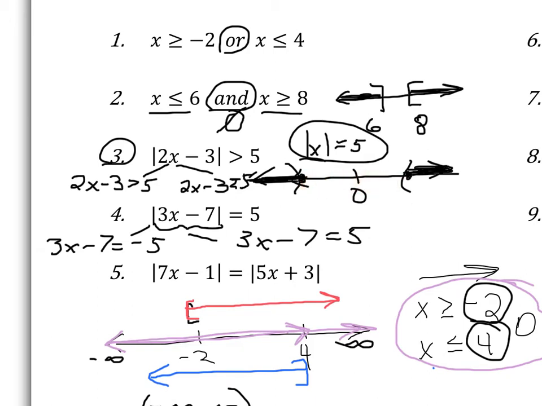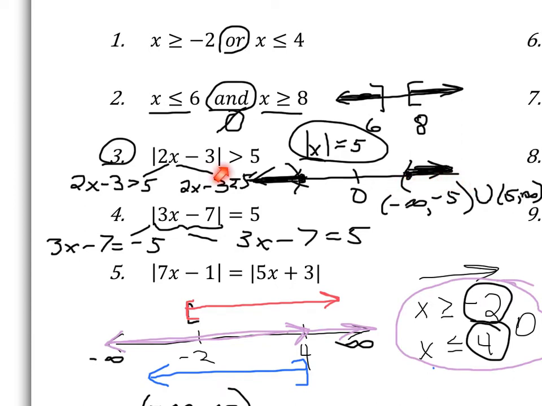And the way you would write this, let's say if this were x is greater than 5, you would write the interval negative infinity to negative 5, which represents this part, and then you would say that's in union with 5 to infinity, which is this part.